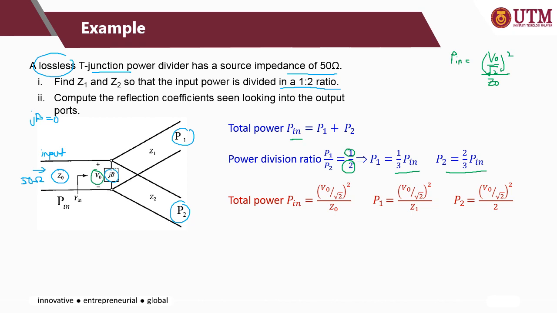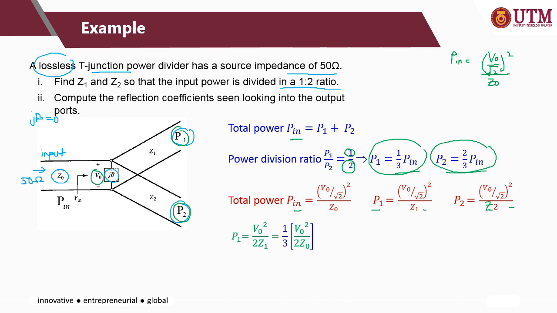So P1 depends on Z1 and P2 depends on Z2. Once you have the equations for P in, P1 and P2, you know the relation between P1 and P2 and P in, so then you can compare them.